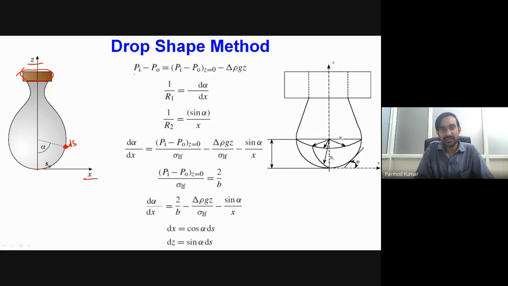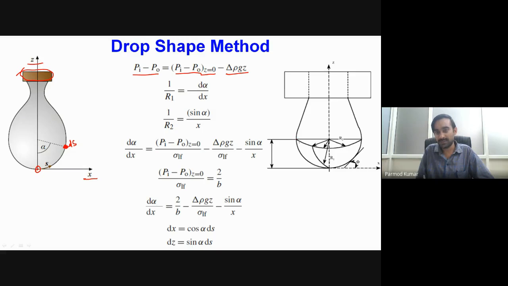So I can write Pi minus P naught, which is equal to Pi minus P naught at z equal to 0, where z equal to 0 is the apex of the drop, minus the gravitational head, which is delta rho times g into z.